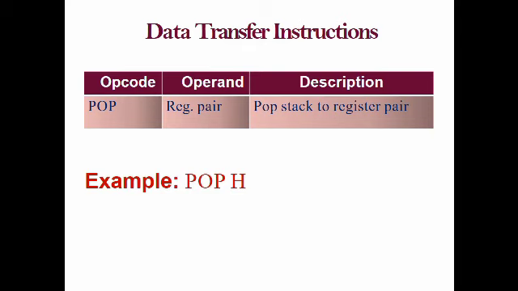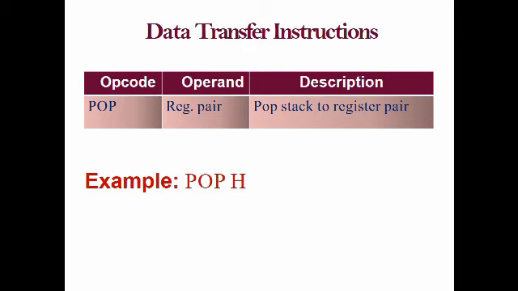Stack pointer is incremented and the contents of the location are copied to the higher order register. And once again the stack pointer is incremented. So in this case, with the execution of pop instruction, the stack pointer is incremented by 2, and here it is a post increment operation. In case of push register pair, it was the pre decrement operation.